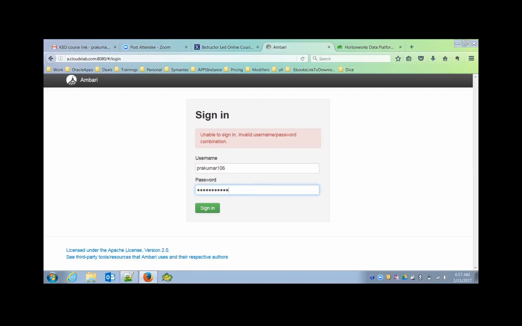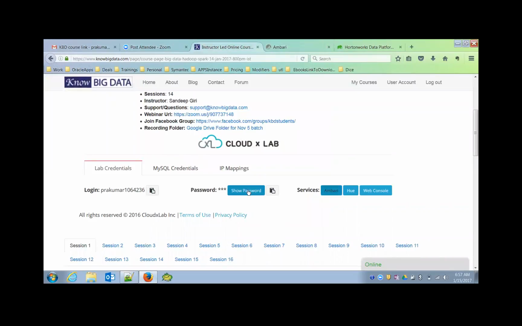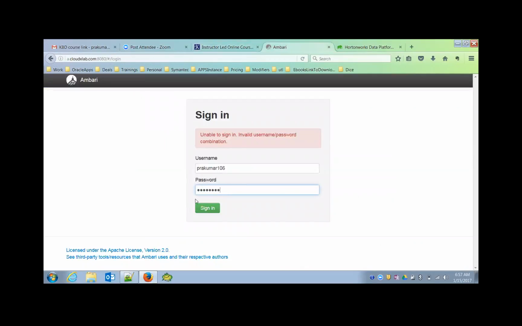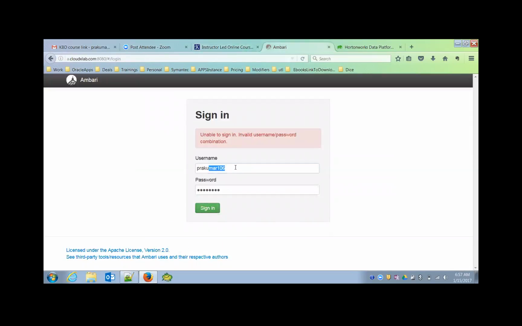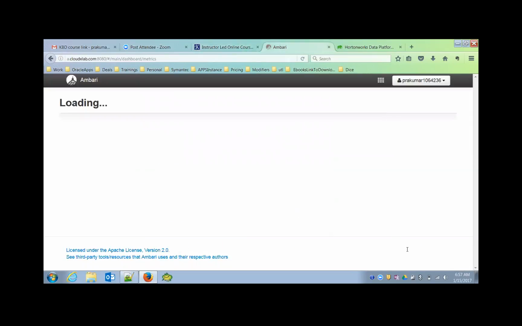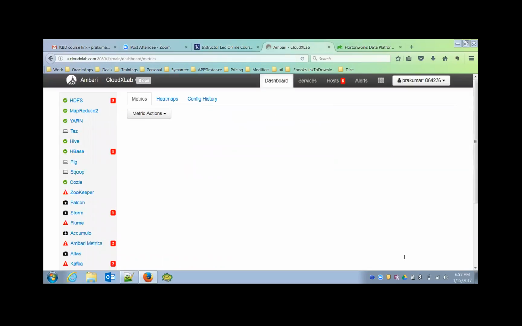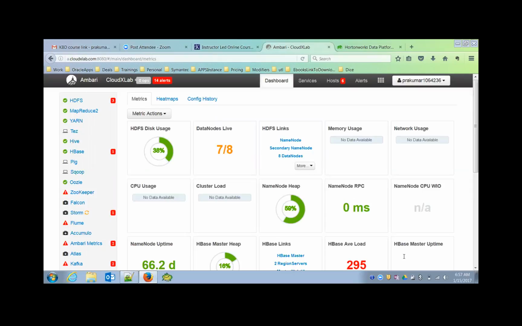Okay, is the copy pasting working properly? Did you try to click on show password? Okay. One more thing, I think your username is not. I see. All right, so you are in. Great. Okay, George, you can share your screen. Pradeep, you can stop sharing your screen.